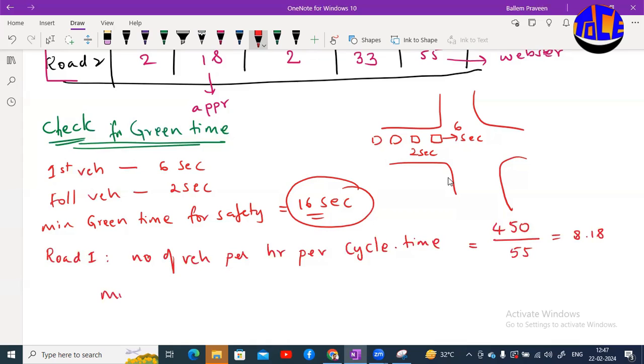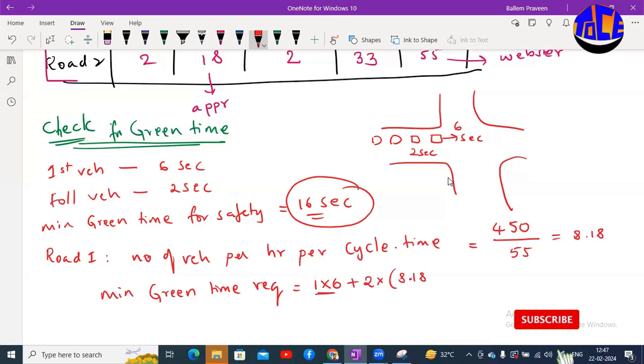Now the minimum green time required equals the first vehicle, which takes 6 seconds, plus the following vehicles, which take 2 seconds each. So 2 into how many vehicles? Out of 8.18, one vehicle is already accounted for, since we have given 6 seconds for it, so you need to subtract 1.